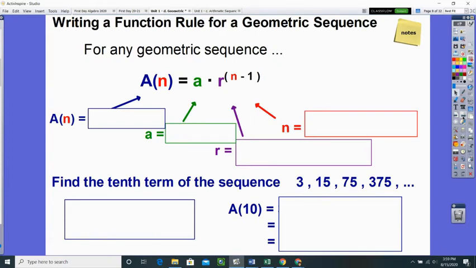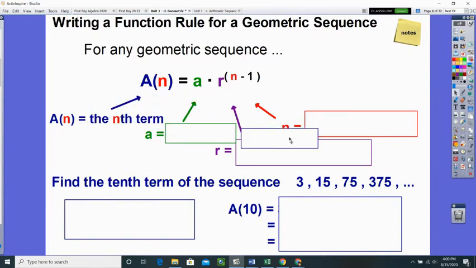Okay, so here is our general rule, just like we did with arithmetic. This is our formula for geometric sequences that you might want to put on your notes page. Now remember that this a sub n is going to be the value of the nth term. So if n is 100, it would be what number is sitting in the 100th position of the sequence.